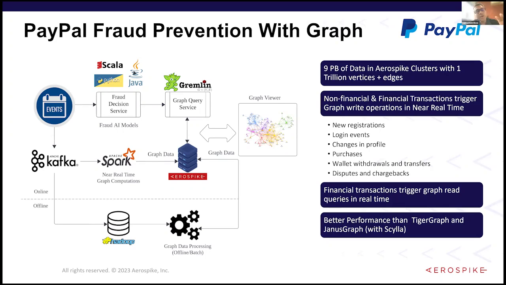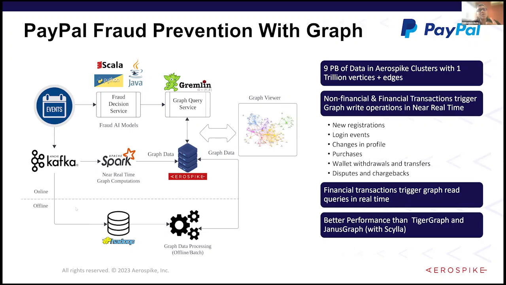And these fraud decision services in turn invoke a graph query service, which is built on Gremlin, and that dips into Aerospike, where currently they have roughly 9 petabytes of data within various Aerospike clusters. So that's a huge amount of data, altogether 1 trillion vertices and edges.